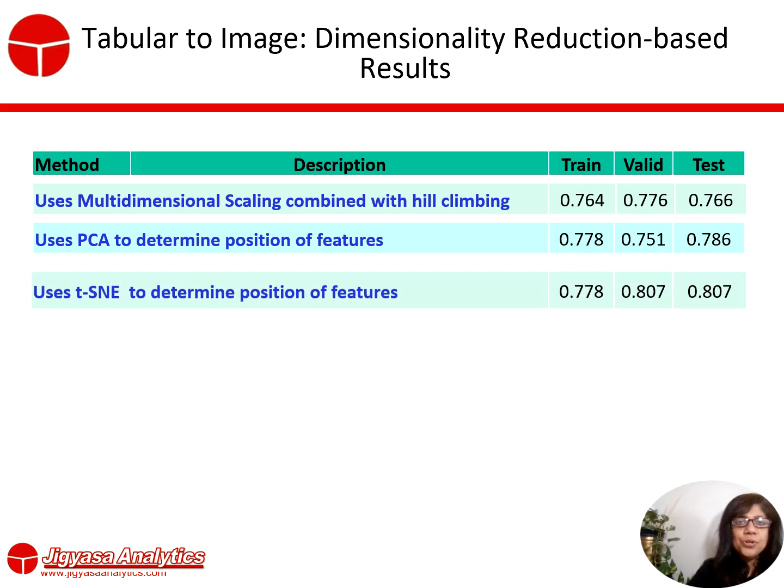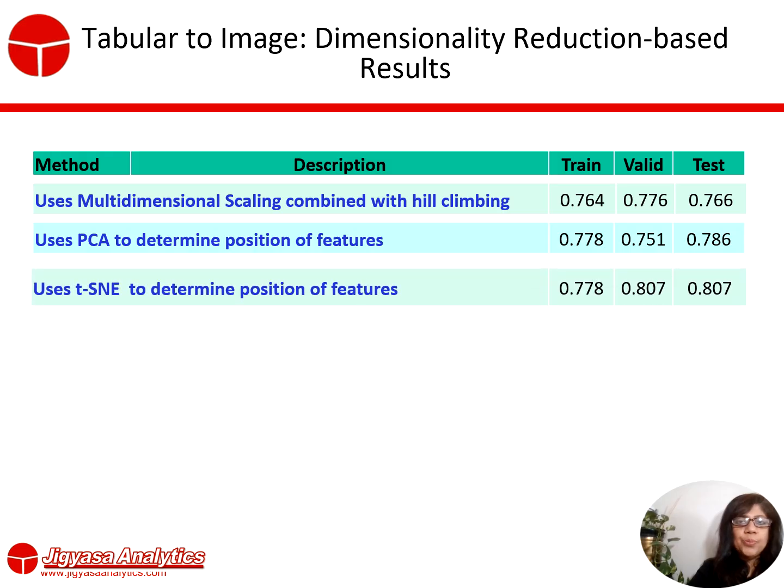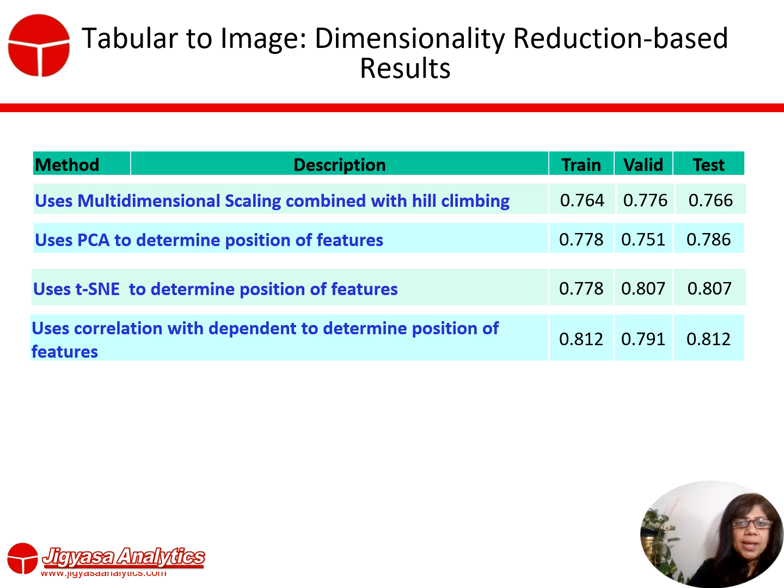And the third row shows the case where t-distributed stochastic neighbor embedding, or t-SNE as it is often called, is used. The last row is a slightly different case where correlations of features with the dependent variable are used to determine the position of features in the images. As we can see, most of the AUCs look reasonably good, and the AUCs shown on the last 2 rows are higher than the others shown on this page.